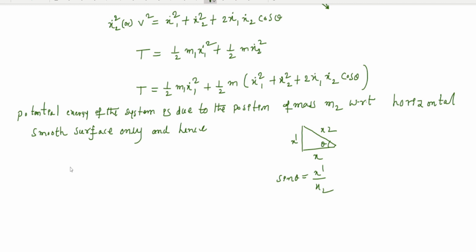So let us look at the potential energy: V is equal to mgx. We need to find what the x value is here. Therefore V equals m2g times h minus x2 sine theta.